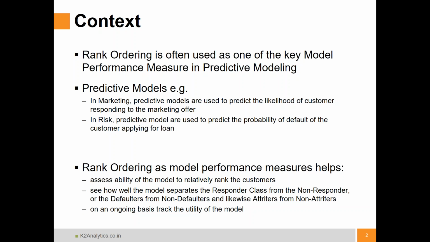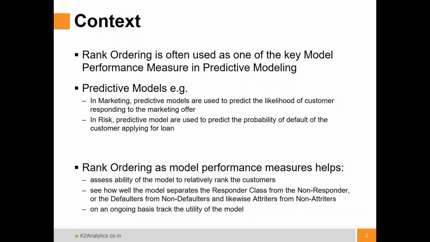Customers who have a high probability are more likely to default. Customers who have a low probability are less likely to default. So the end objective of the model is to give higher probabilities to customers who are going to respond and lower probabilities to customers who are not going to respond.